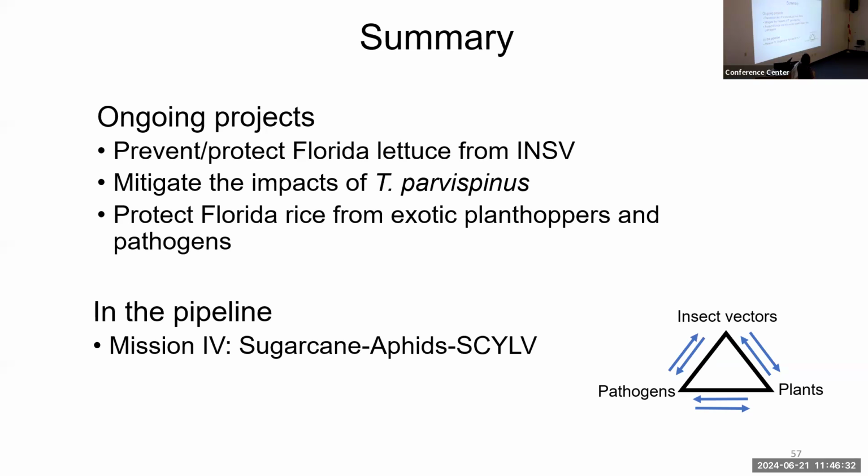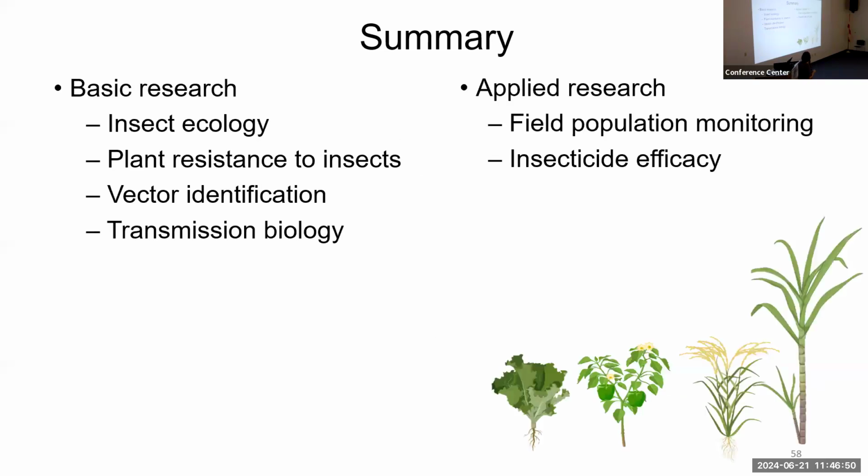We are also monitoring our Florida rice fields for exotic planthoppers and pathogens. And in the pipeline is to study the interactions between sugarcane aphids and sugarcane yellow leaf virus to understand this system better.